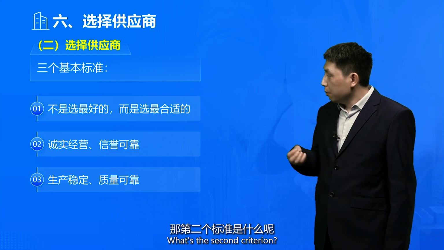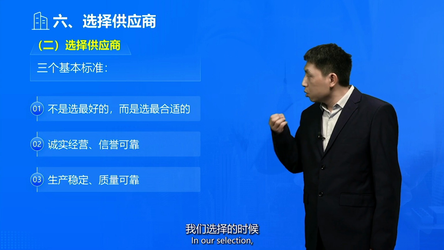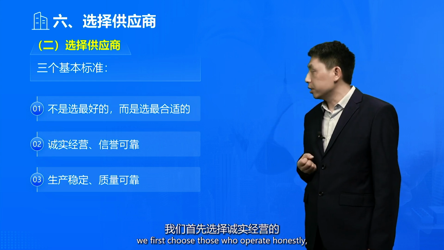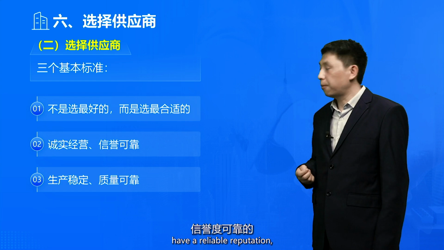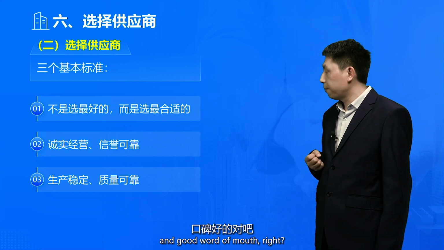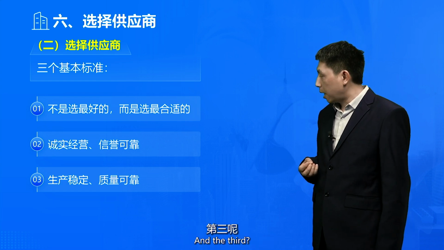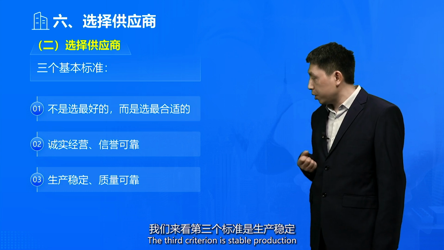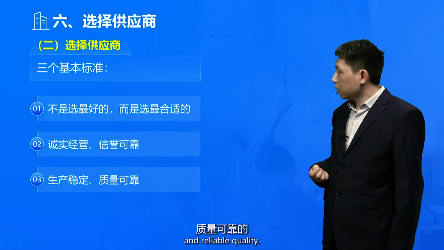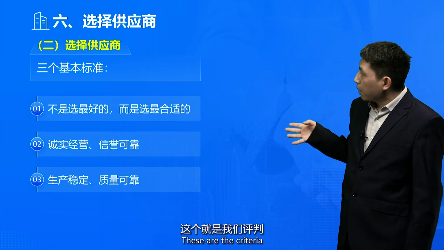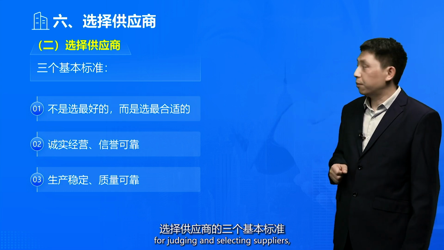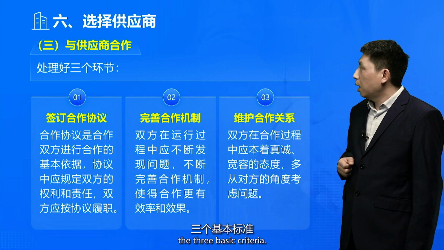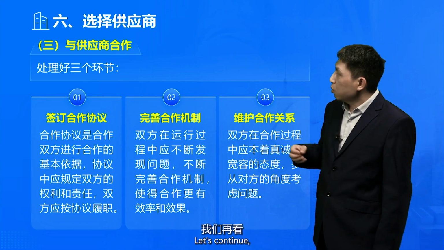What's the second criterion? In our selection, we first choose those who operate honestly, have a reliable reputation, and good word of mouth, right? And the third criterion is stable production and reliable quality. These are the criteria for judging and selecting suppliers. The three basic criteria.